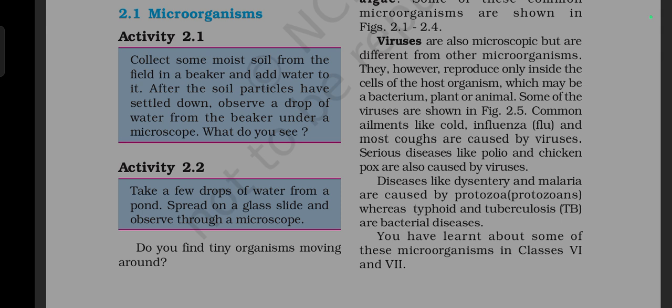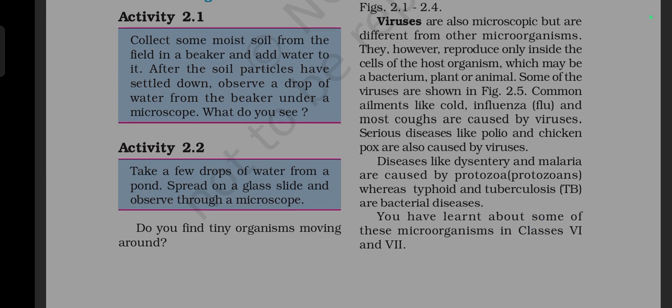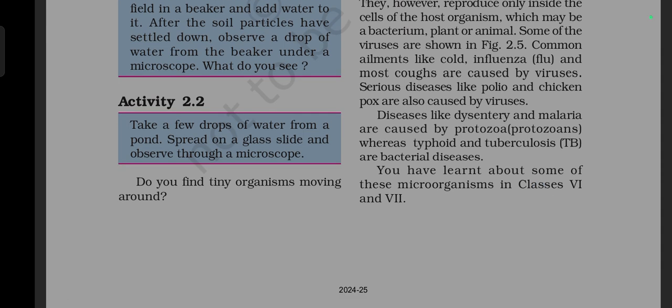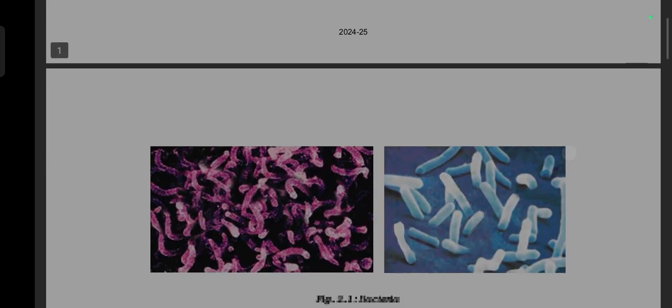Means typhoid and tuberculosis are caused by bacteria. Nice. You have learnt about some of these microorganisms in class 6 and 7.